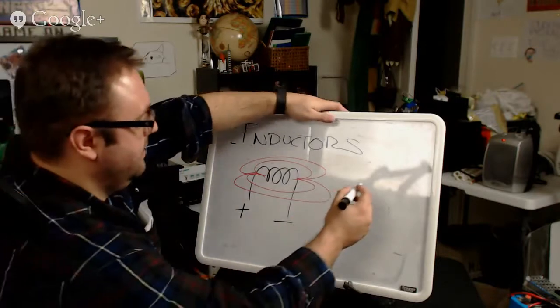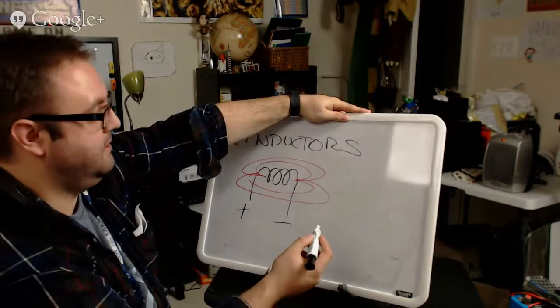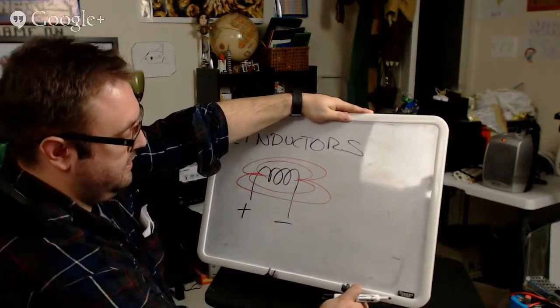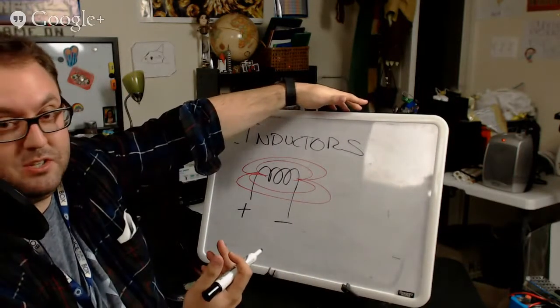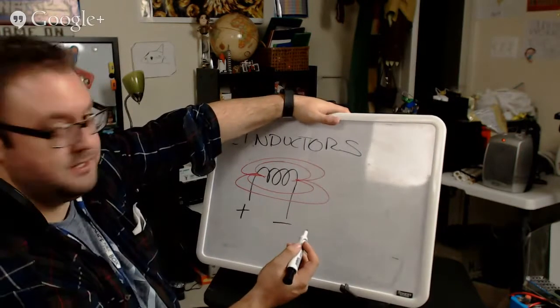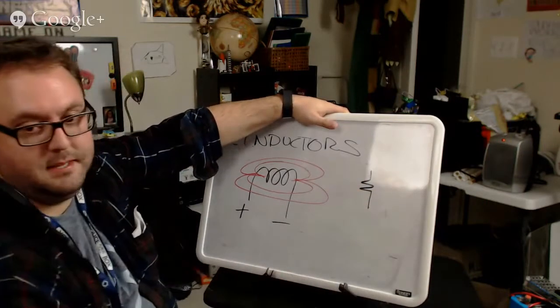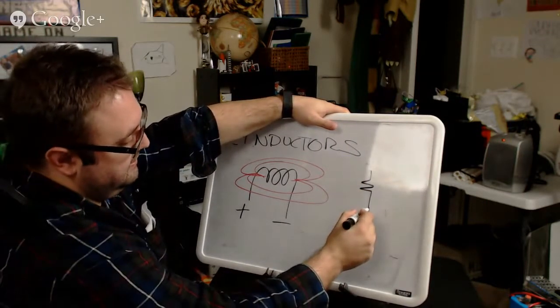In fact, the equivalent circuit, or the reality of how the component is structured, is that an inductor has some series resistance. Then there's the actual inductance itself.